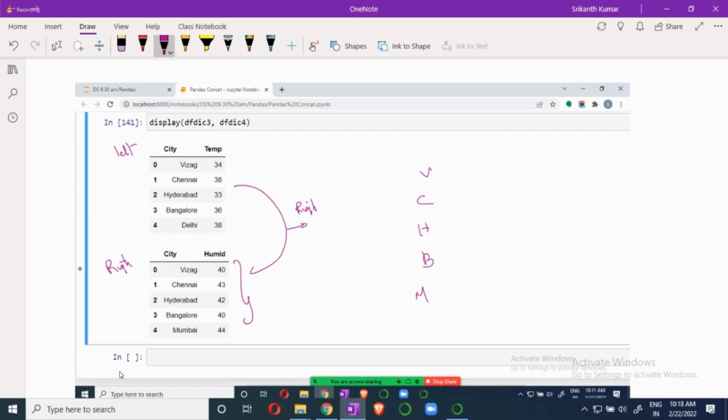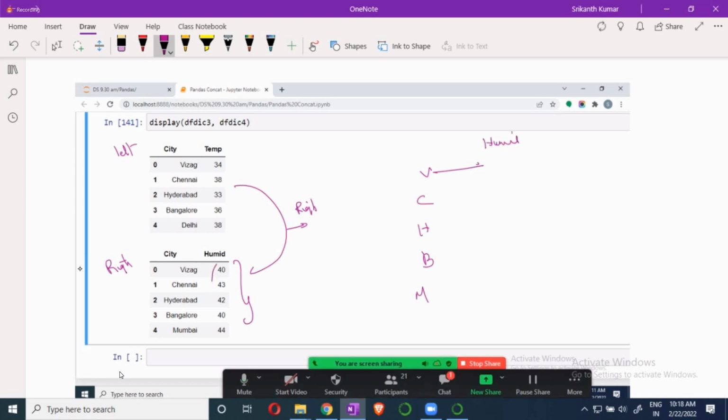And it will get all the humidity first: 40, 43, 42, 40, and 44. Now temperature: whichever is having the temperature, only that will be presented. Which is not having temperature will be given as NaN. Now 34, 38, 33, 36, and NaN. Like this you are going to get it. Let's do this one.